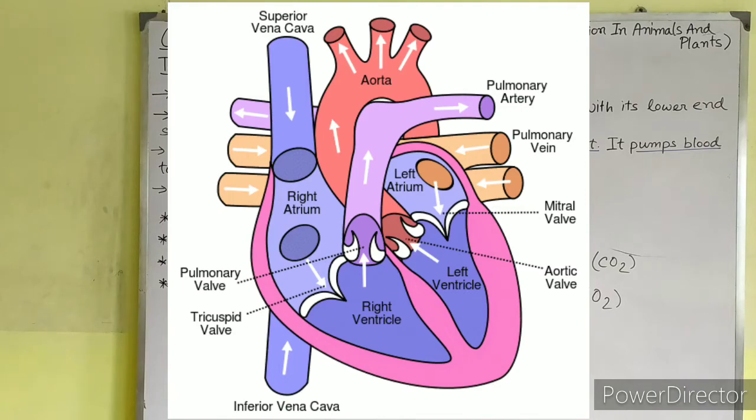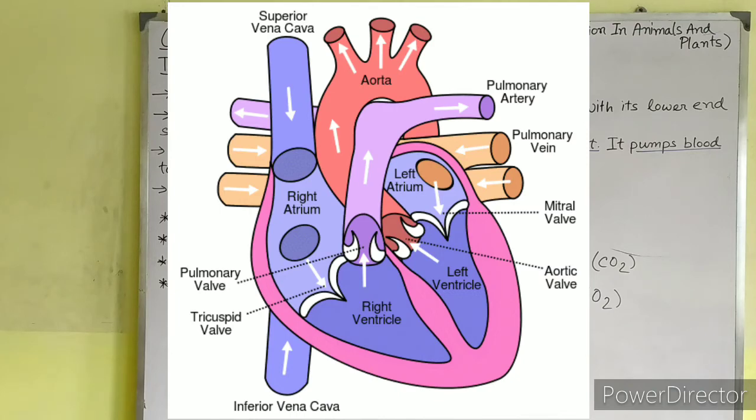Now this deoxygenated blood enters the right atrium of the heart through the superior and inferior vena cava, as labeled in the diagram.